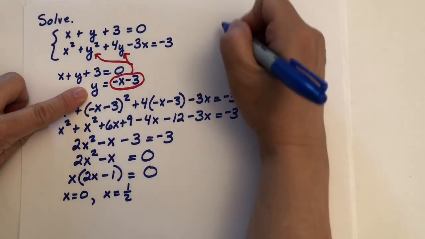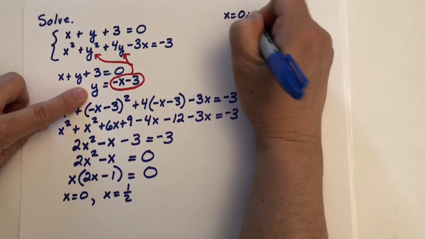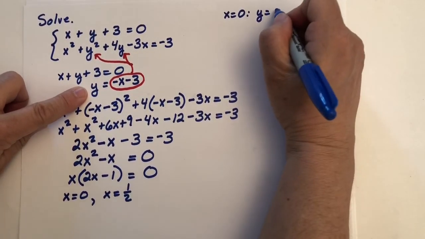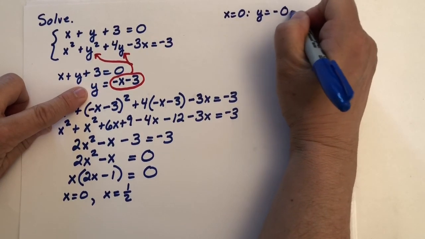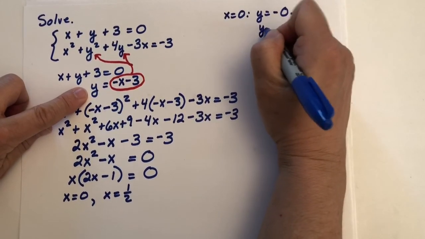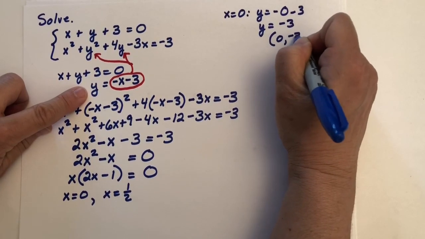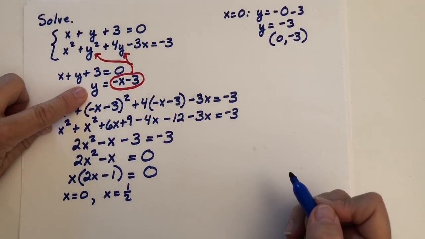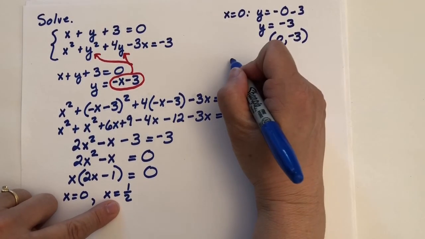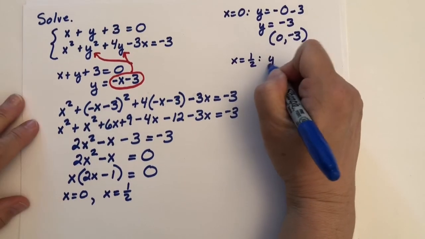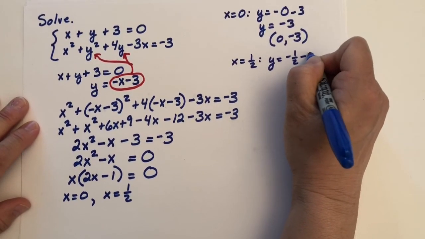So let's do that. We have x equals 0. So we substitute it in. We have y equals 0 minus 3. So we have y equals negative 3. So our solution is 0, negative 3. And we substitute in x equals 1/2. So we have y equals negative 1/2 minus 3.